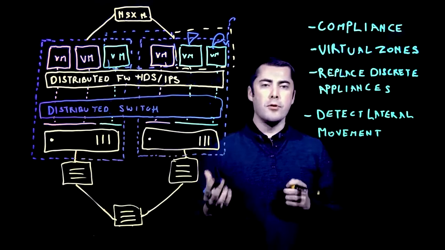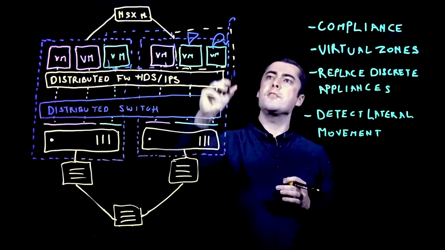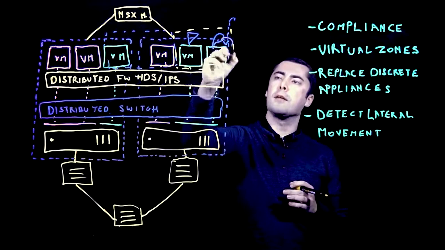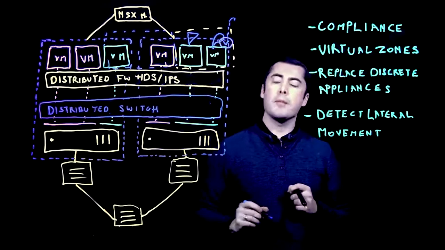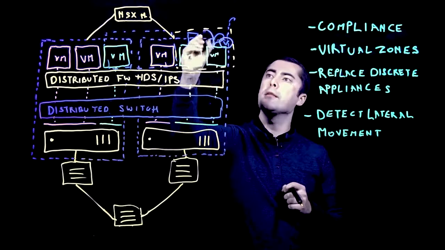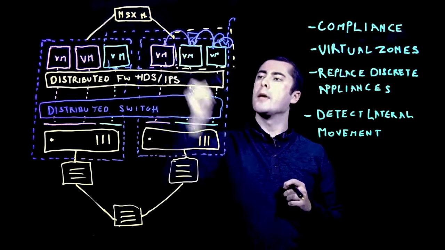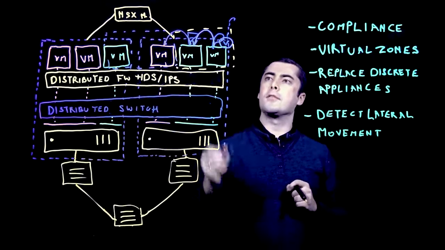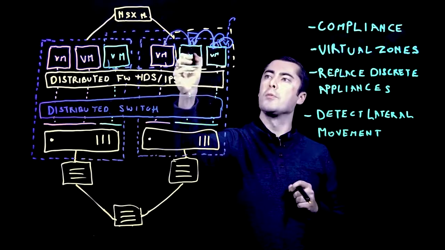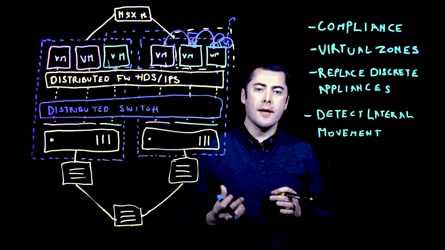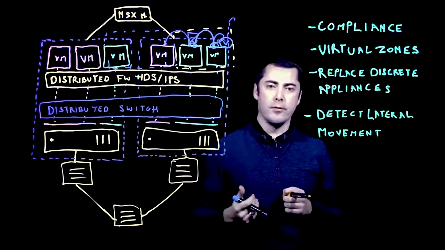So an intrusion detection and prevention system has to be able to not just detect this initial point of attack, but also detect how an attack is laterally spreading in the environment from workload to workload. And because the distributed IDS is deployed in front of every single workload, we're able to detect every stage of this lateral spread.